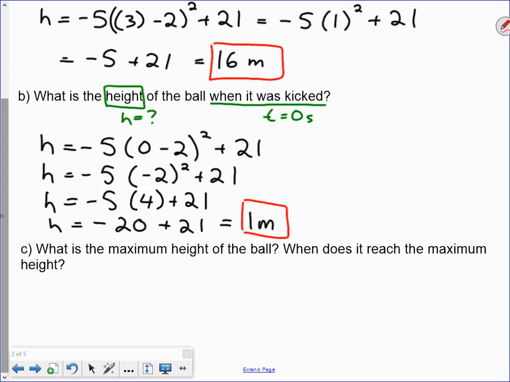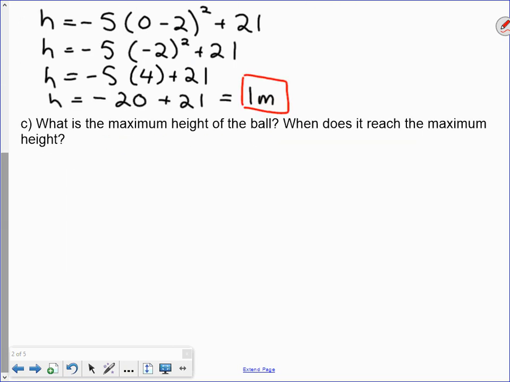All right, our last part in this question here, what is the maximum height of the ball and when does it reach the maximum height? So they're basically asking us to find the maximum height. Anytime we see this maximum or minimum in here, we know that they want us to find the vertex of the parabola.